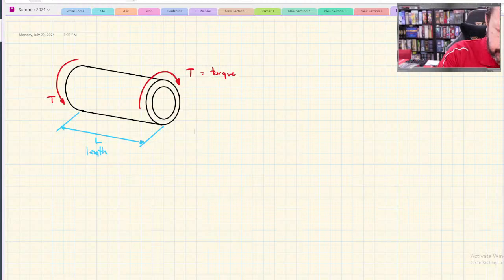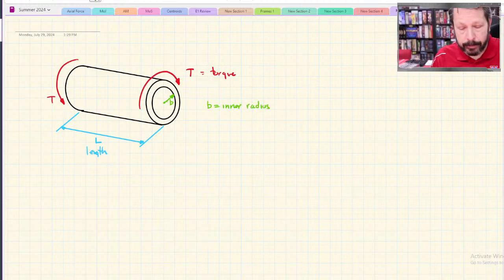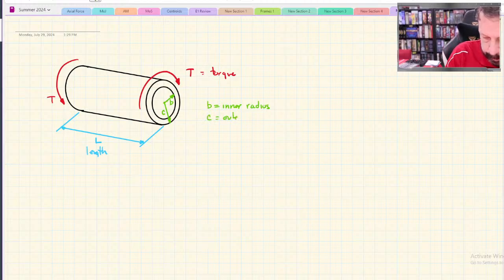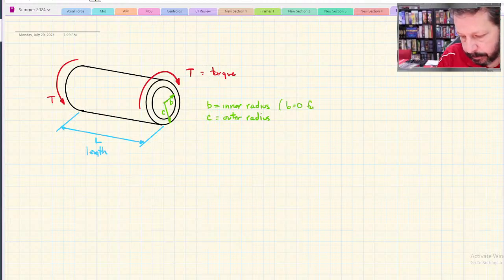In that case, we have an inner radius, which we're going to call B, and we have the outer radius, which we're going to call C. And if we have a solid shaft, then B just equals 0 in any equations that we might use.